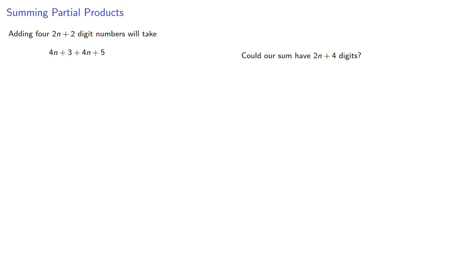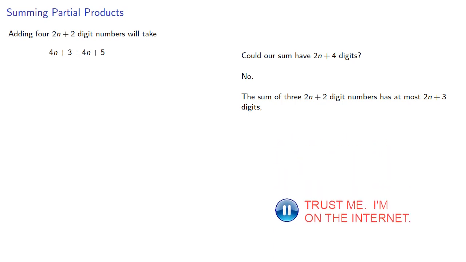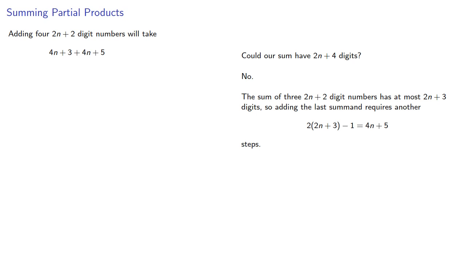Could our sum have 2n plus 4 digits? No. The sum of three 2n plus 2-digit numbers has at most 2n plus 3 digits. So adding the last sum end will require another 4n plus 5 steps. And so adding the four 2n plus 2-digit numbers will take at most 12n plus 13 steps.